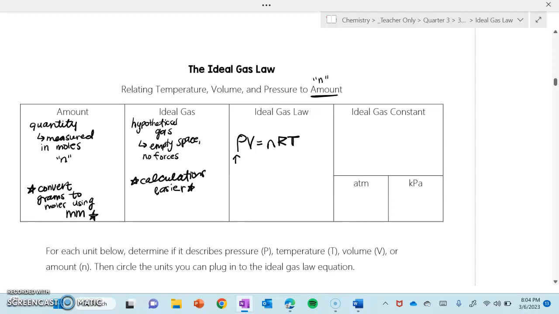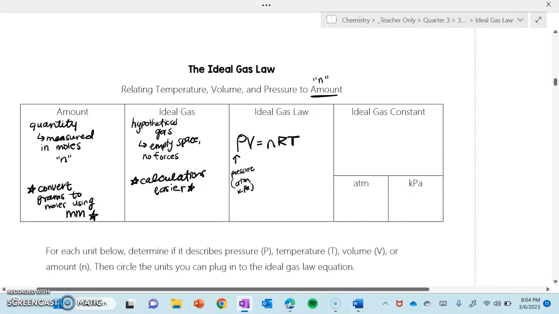But P is pressure, and we will be only plugging in either atmospheres or kilopascals. Those are the only options for pressure when plugging into the ideal gas law. Whichever one you use is going to determine which R value will be used as well, which we'll talk about again in a minute. Volume is our V. That's always going to be plugged in in liters. So if you have milliliters, you must convert it to liters in order to plug it into the equation.